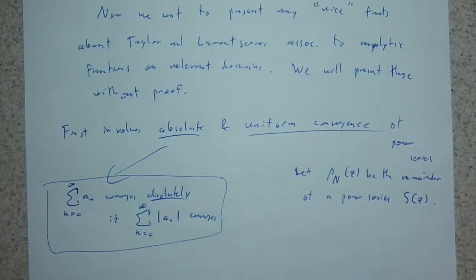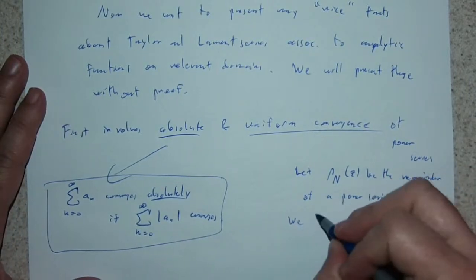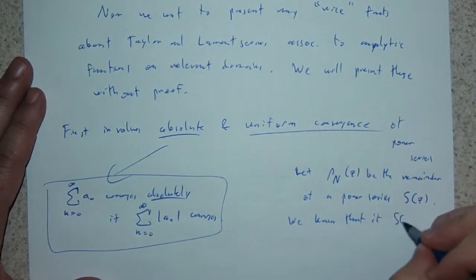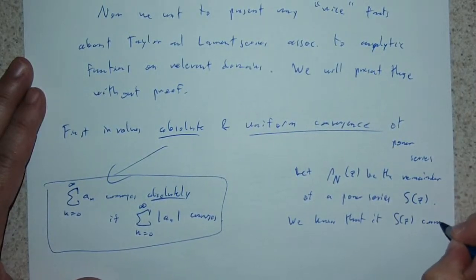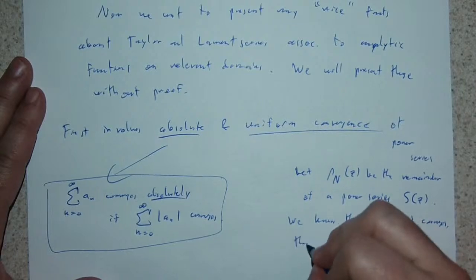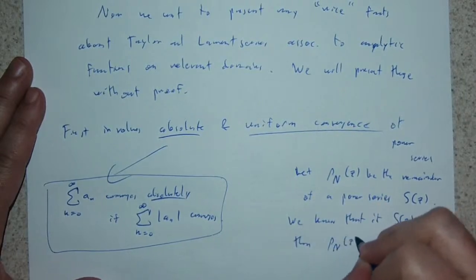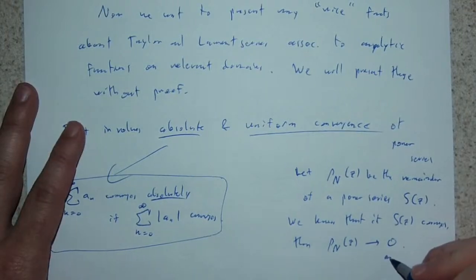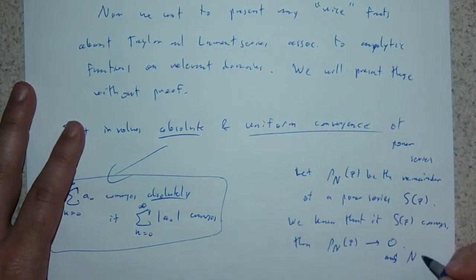Now, what do we know? We know that if S of z converges, then this rho sub n of z must limit to 0 as big N goes to infinity.